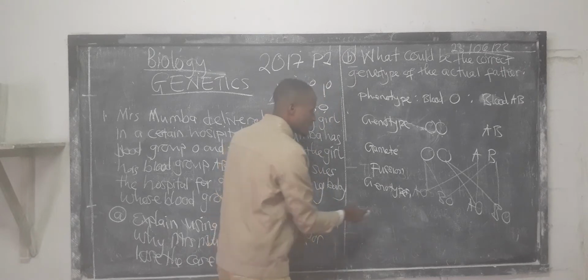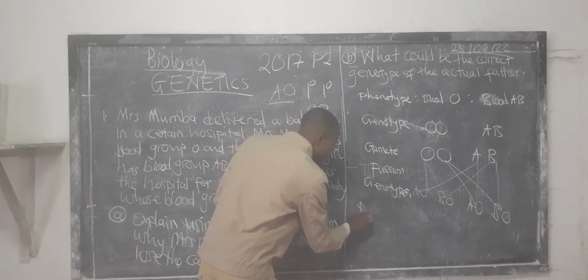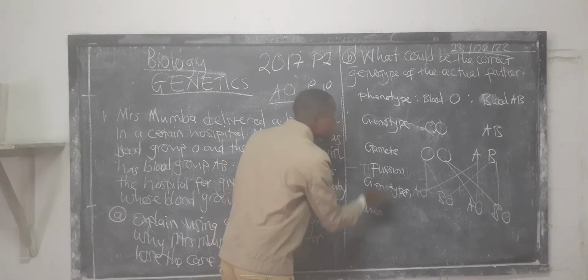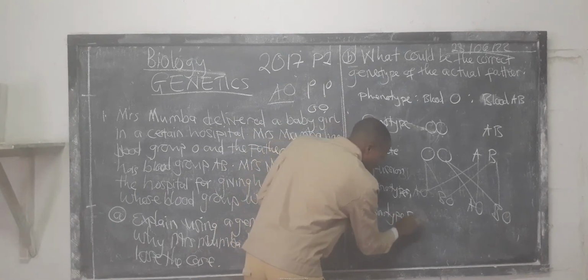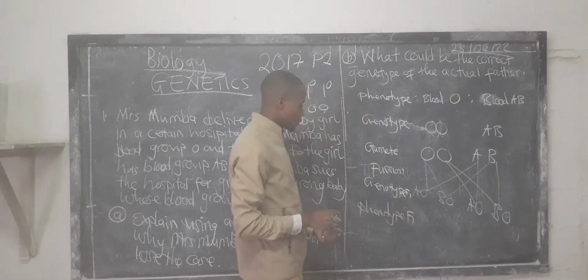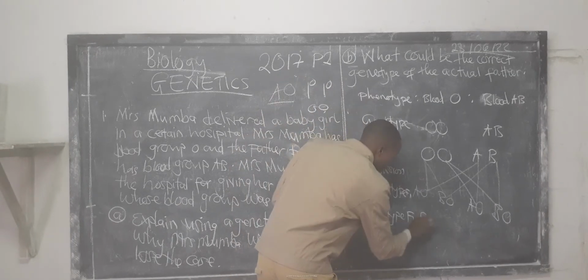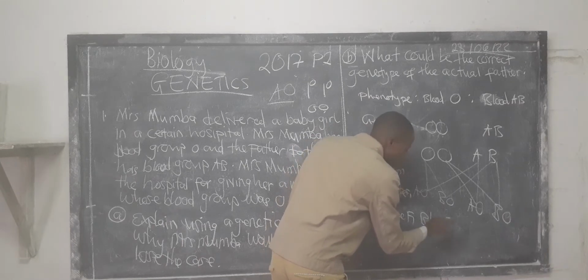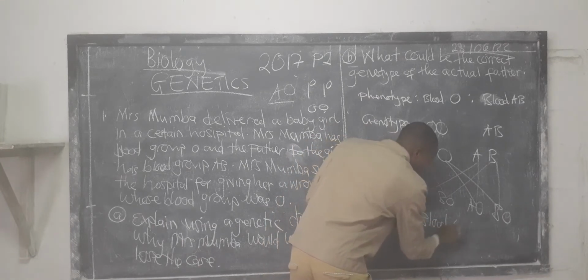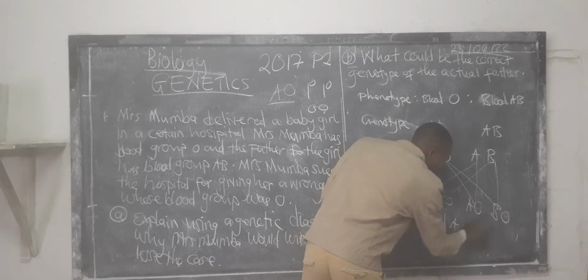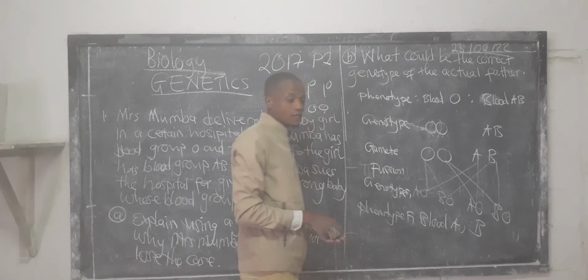Now you also have to indicate their phenotype. To complete the genetic diagram, the phenotype must be there. The phenotype of the F1 generation, the physical appearance, is either blood group A or blood group B. Those are the phenotypes of the offspring.